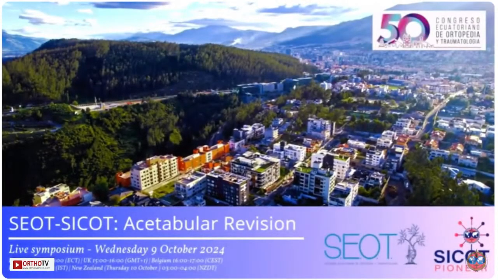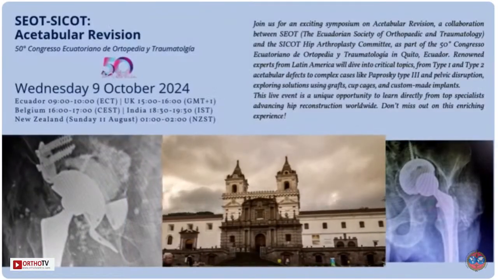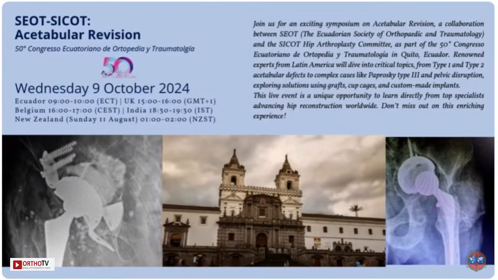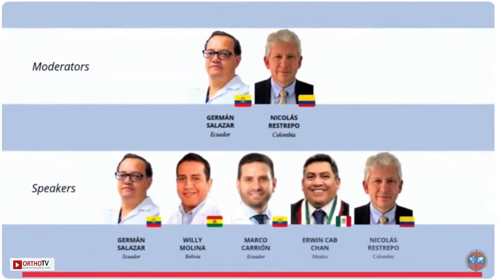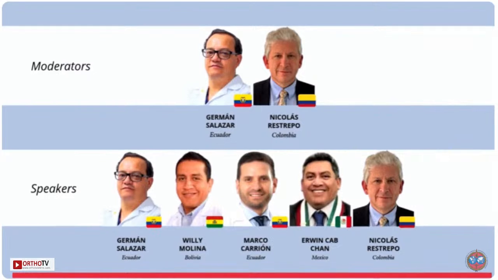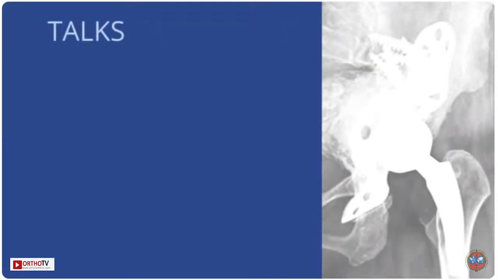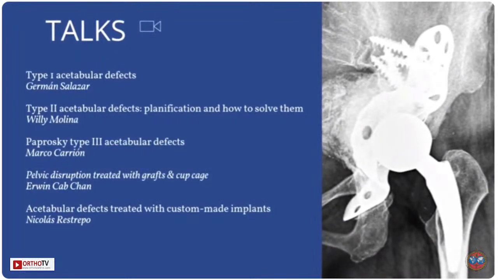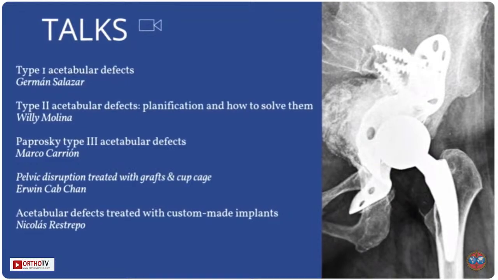Dr. Bracho is asking about the possibility of osteointegration of the custom-made implants. The custom-made implants work so differently from the cup cage implants or the bone graft implants. In this case, when you have severe destructions, you can have hardware to cover all the defects, but really it's not integrated. It's like a cup.